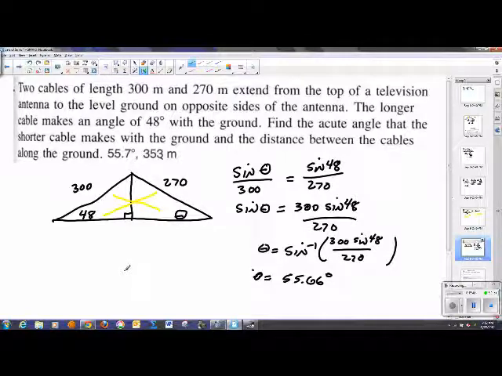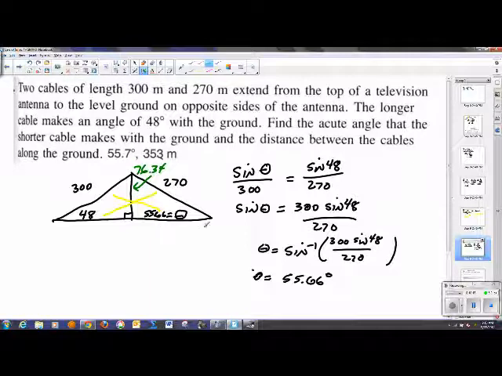Now the last thing I wanted to do is find the distance along the ground. Well, I know if theta is 55.66 degrees, I simply subtract 48 and 55.66 from 180 to get my missing angle. And that missing angle is going to be approximately 76.34 degrees.